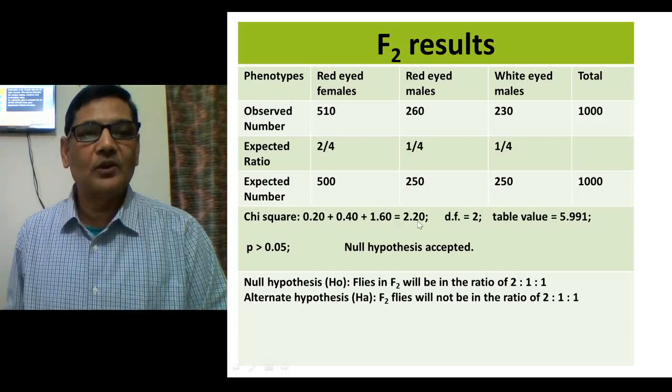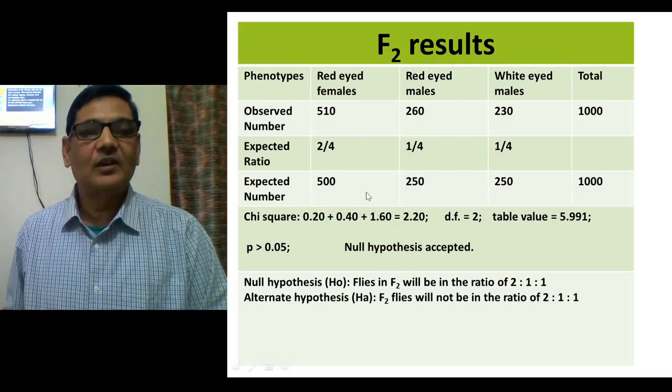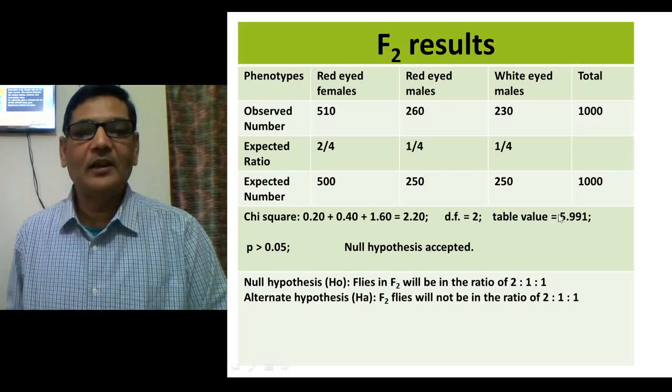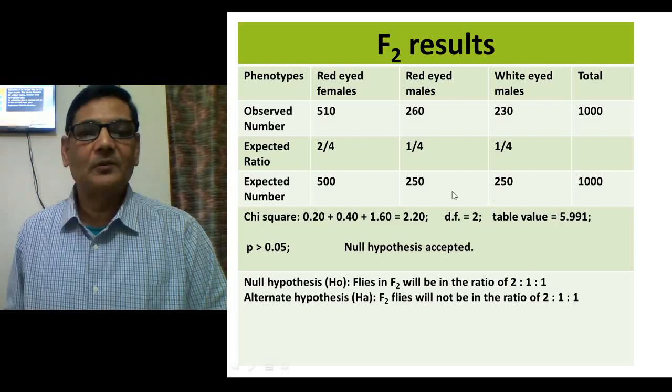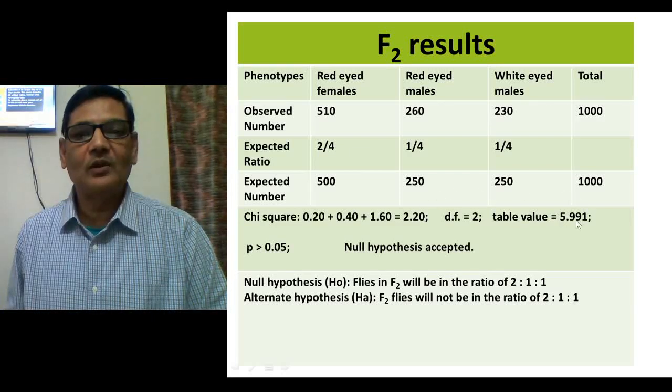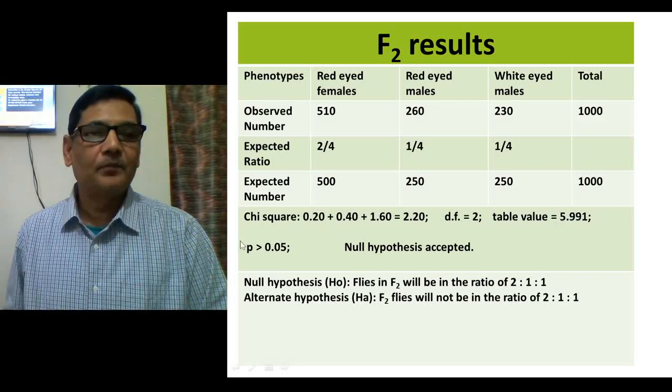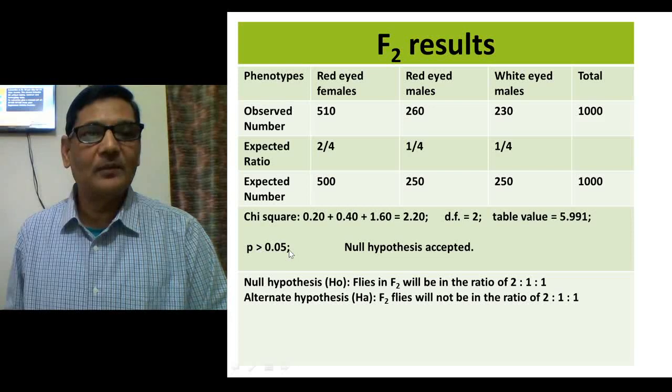The total comes to 2.2. Since there are three classes, the degree of freedom will be 2, and the table value at 2 degrees of freedom at the 5% level is 5.991. So you observe that your calculated value is quite less than the table value. So you accept the null hypothesis, and the probability will be more than 5%.